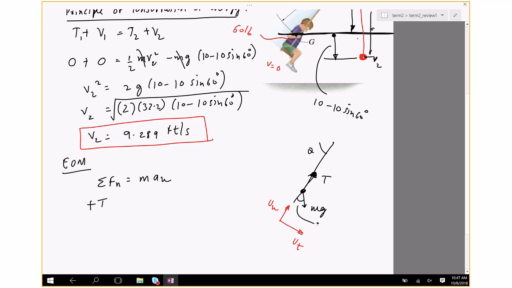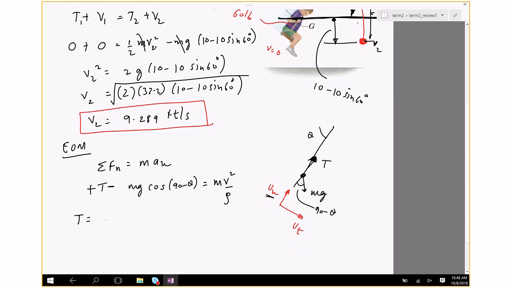So 90 minus theta is the angle made by the vertical with the tension. So mg cosine of 90 minus theta, and since it's in the negative un direction, I need to put a negative sign, equals m v squared divided by rho, which is the length.